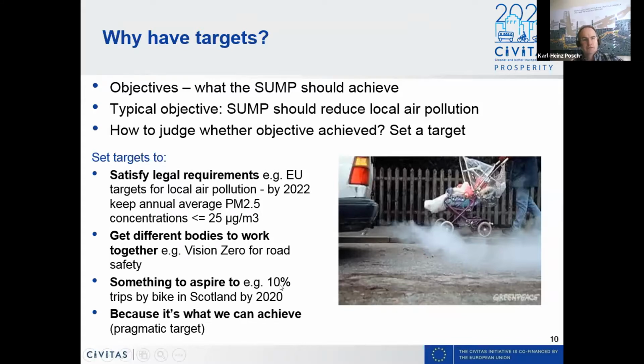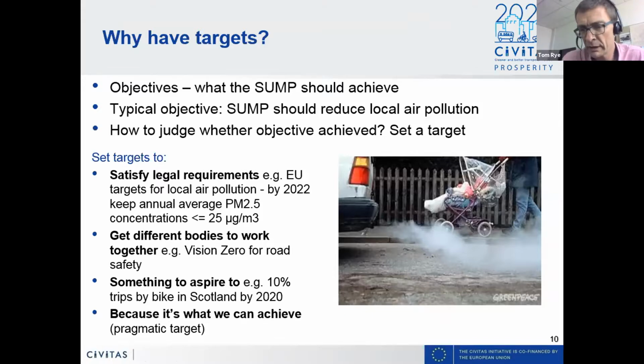So our objective may be that we want more people traveling actively, or our objective may be that we want to improve public health through active travel, and then our target related to that is 10% of trips by bike by 2020. You could also say we want to reduce the number of road injuries by 50% or so. Yeah, exactly. Okay. So it's quantifying the objective and putting a date on the objective.